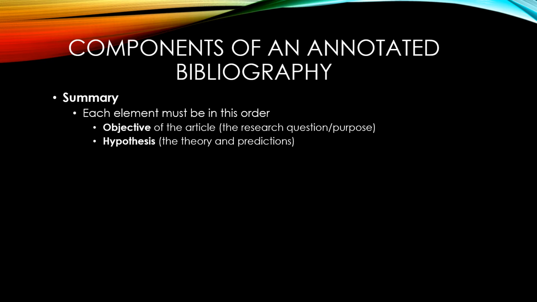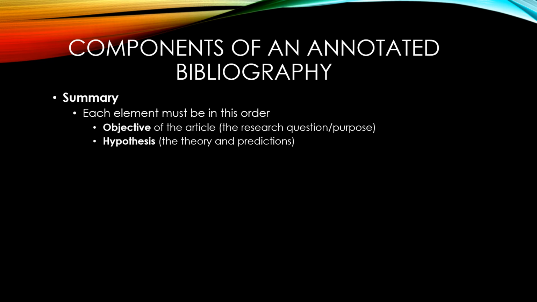So all research articles that you read should start off with a particular theory and a hypothesis with respect to what they think will happen in their study, or what results they think they will find in their study.